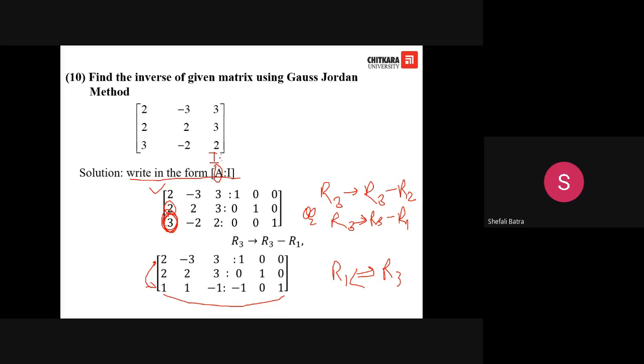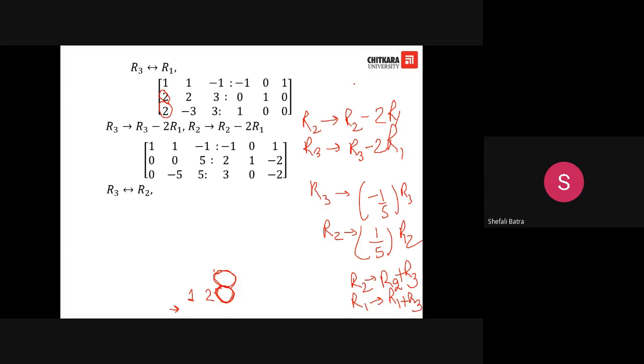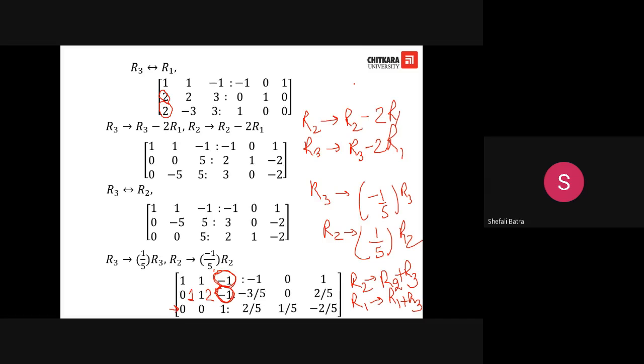Whatever you get at the place of the identity matrix would be your answer, that is, the inverse of the given matrix. Please check after getting the inverse that A inverse into A is equal to the identity matrix. If you are getting identity, it means your answer is correct. If not, it means you have made some mistake. I hope it is clear.